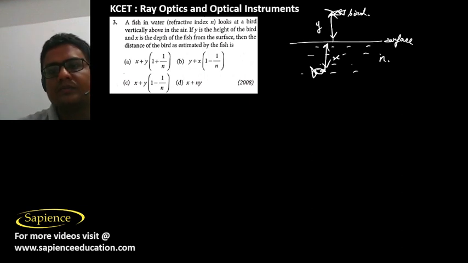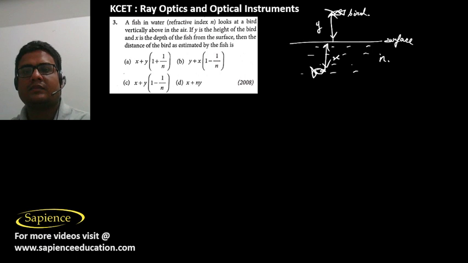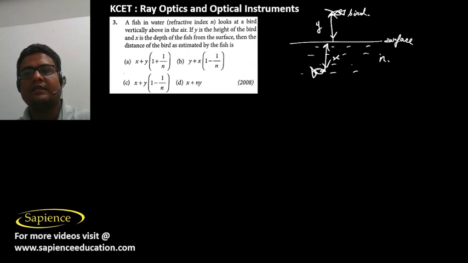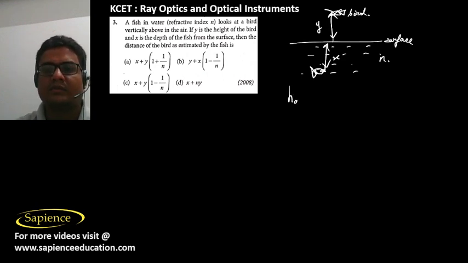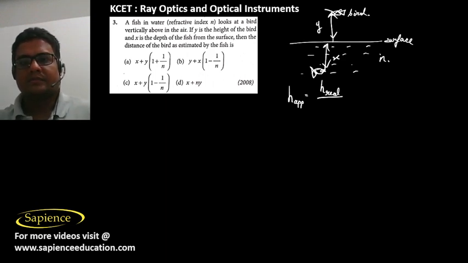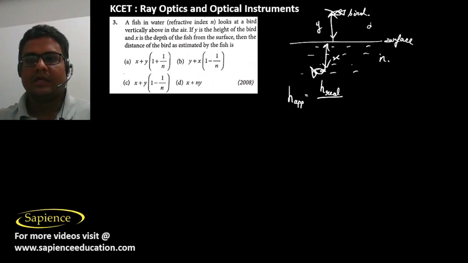So the distance of the bird: y is the real height, so we have to find the apparent height. Therefore the apparent height will be equal to the real height divided by mu relative, that is, the refractive index of the air by the refractive index of water, which is 1 by n.